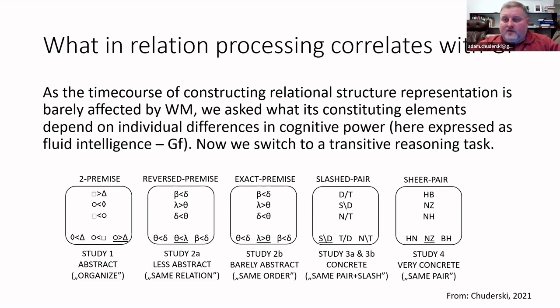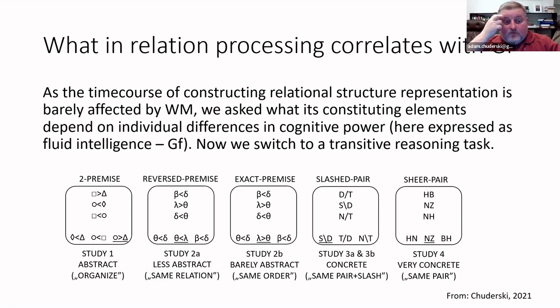So the logic was, if we eliminate some feature of the task and it still correlates with cognitive ability, that means this feature was not important for this relationship. But if we eliminate some feature and the correlation disappears, it is probably an important factor driving this correlation.